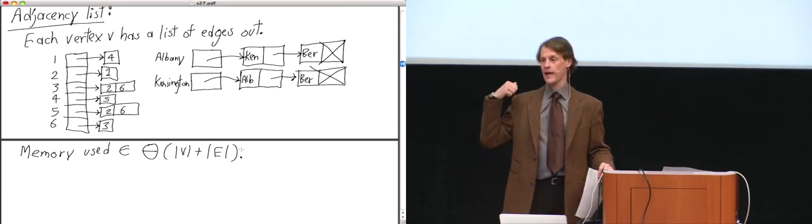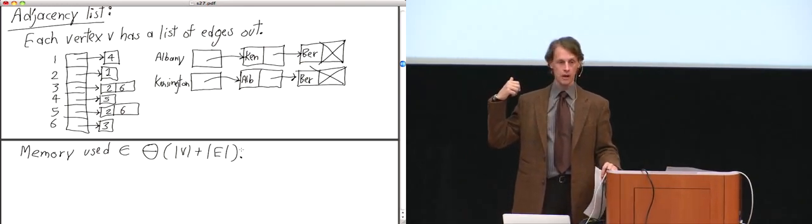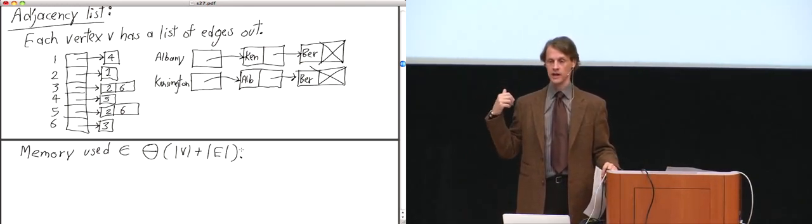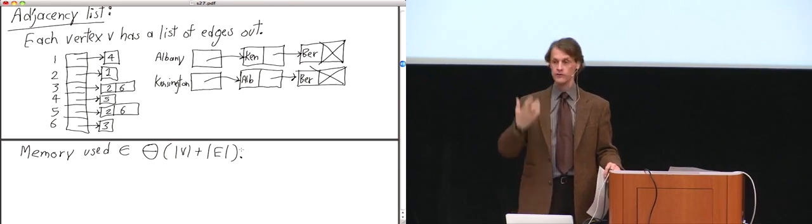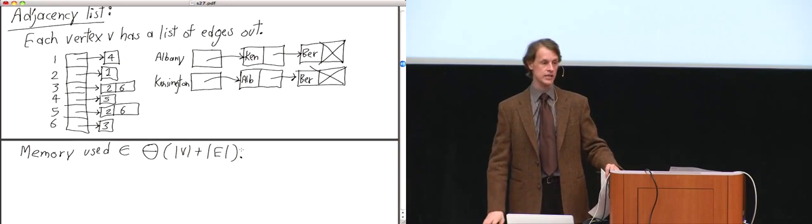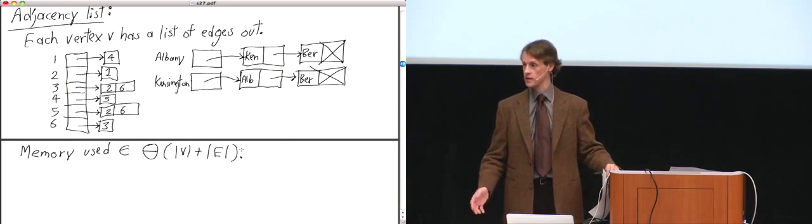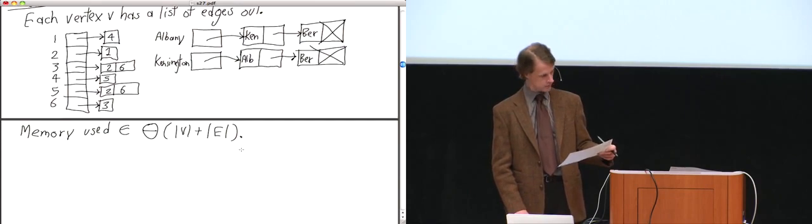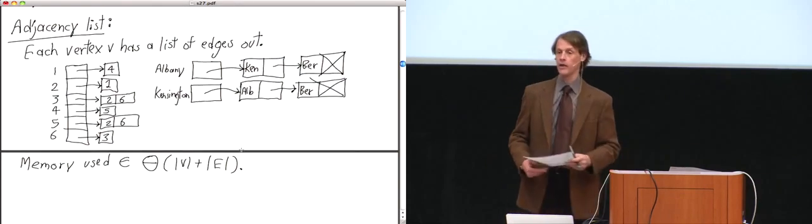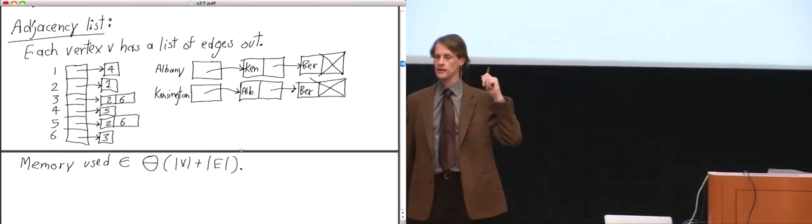And I hope it's clear why that's true. So if the number of edges is a lot less than v squared, then this is a lot less than v squared. You've saved a lot of memory by using an adjacency list instead of using an adjacency matrix. Are there any questions about this?